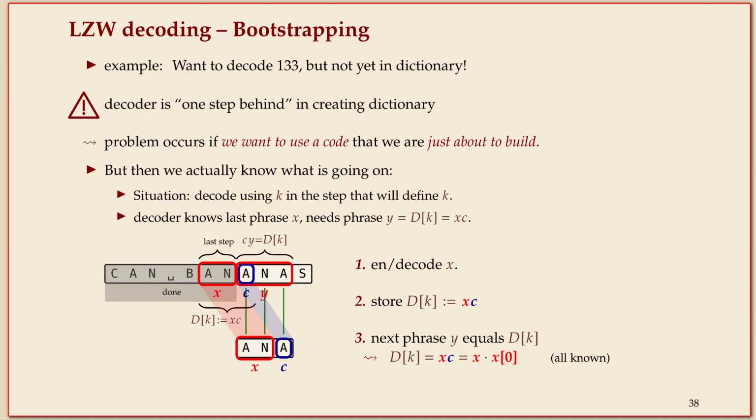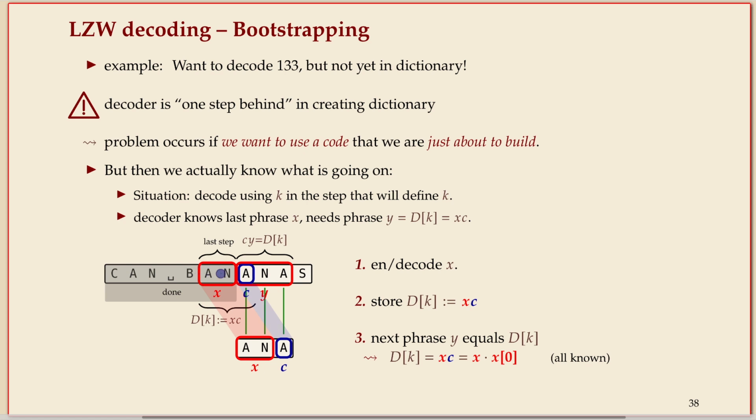We can have a close look at when exactly this situation can happen. And then you'll see that it's actually not a problem. So we're decoding the same phrase that we're now filling. And that means the encoder also generated that phrase right from the previous step. It has to be like that. Because otherwise the encoder would also not have had that phrase.